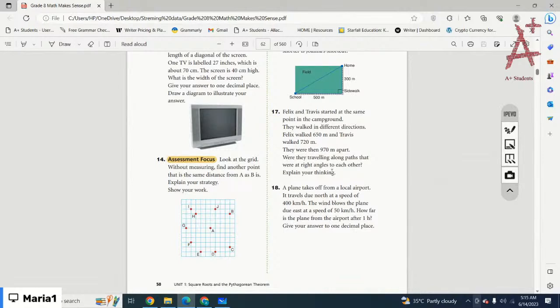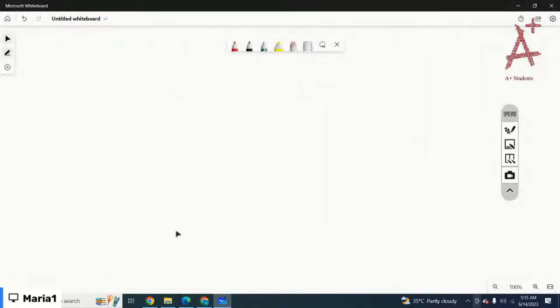So basically you have to see if the distance between both of them is 970, and if this forms a right angle triangle.